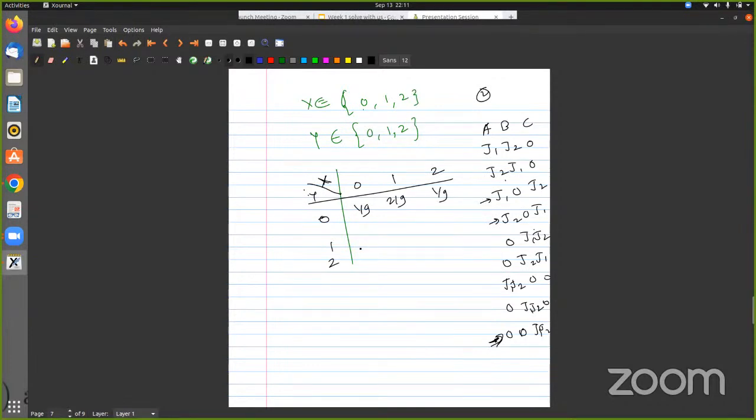Can you explain? I missed this 0, 0, how it is 1 by 9. So 0, 0 means x equals 0 and y equals 0. That means A will get no job and B will get no job, right?